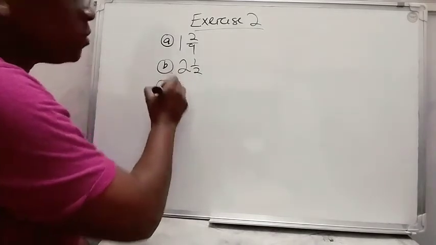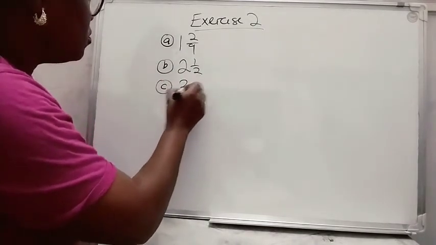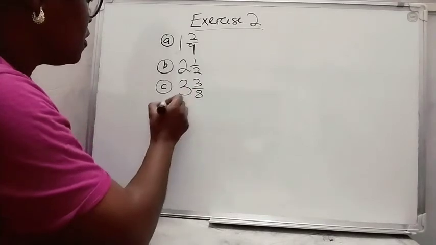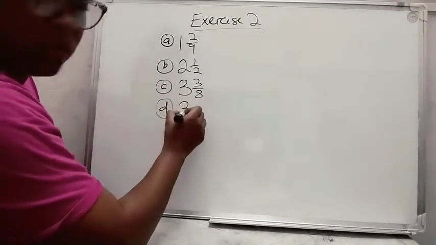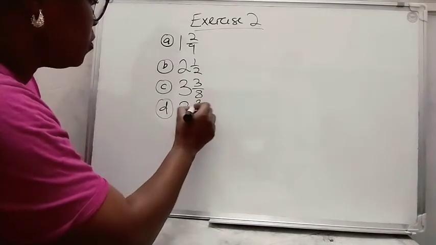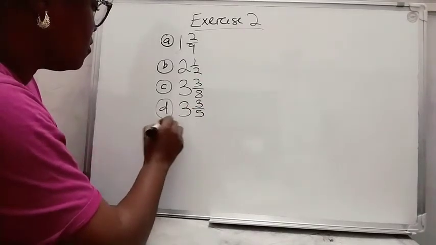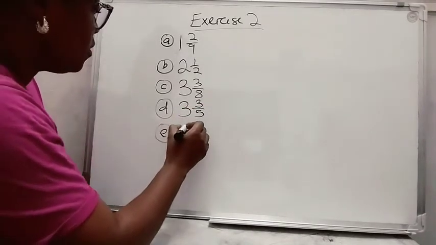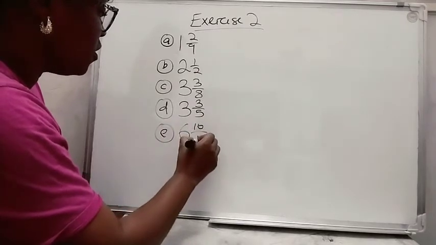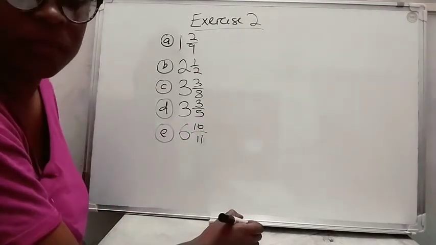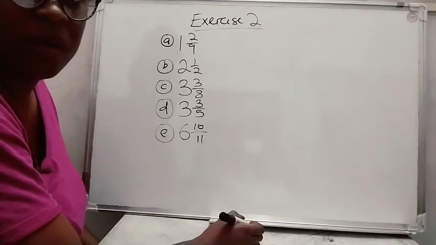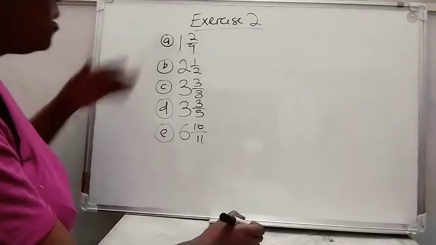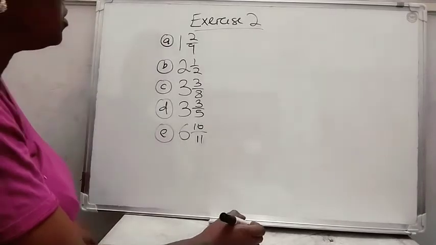The third one, 3 whole number 3 over 8. The fourth one, 3 whole number 3 over 5. And the fifth one, 6 whole number 10 over 11. So we're converting these mixed fractions to improper fractions.